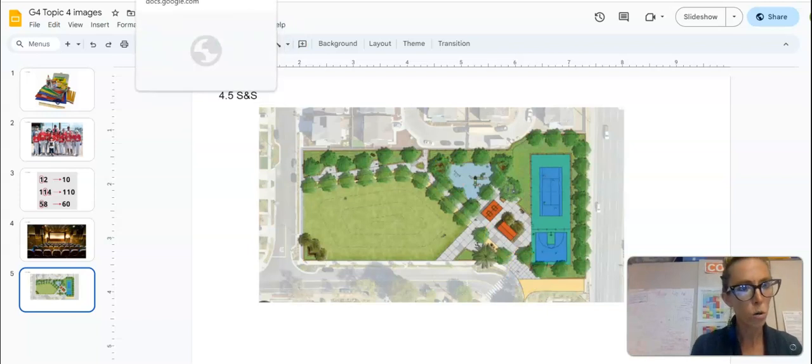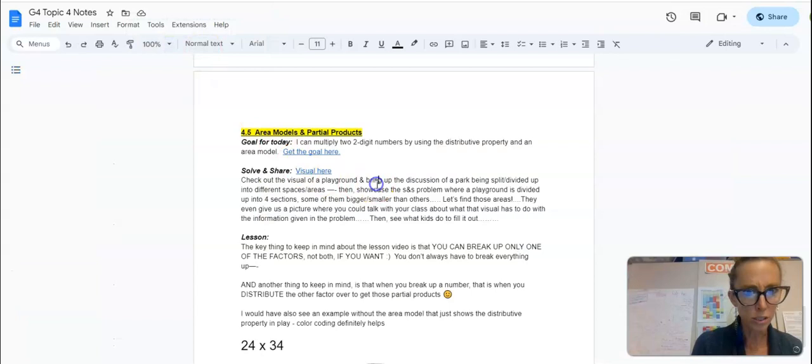So then when you go to the Solve and Share, you'll see those words in there of a park being divided up into 4 parts, 4 sections, and you're finding the area. They give us the picture of the area model. So you could talk to your class, like, oh, hang on a sec, they're actually giving you a picture of the park.